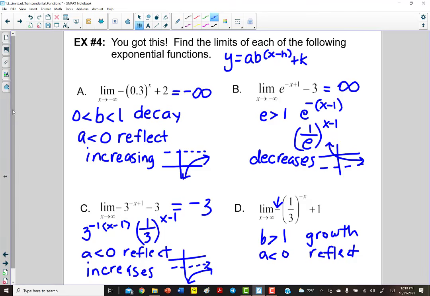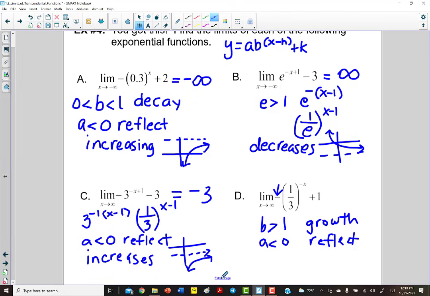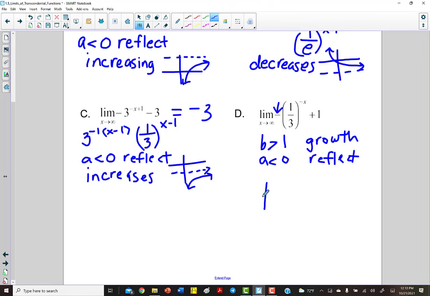And when it reflects, our graph is going to look similar to, let's see, we've got 1 as a horizontal asymptote. So we're going to reflect across that graph this way. And the limit at positive infinity is going to be unbounded downward. So we're heading to negative infinity there.